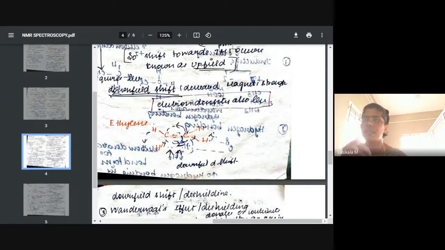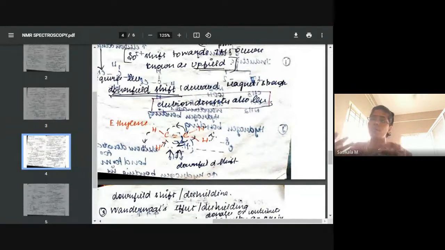When the shielding effect is present, the signal will appear towards TMS, which is called the upfield shift. If the protons are de-shielded, the shift will be downfield, away from TMS, at less strength. At 0 parts per million, it has the highest external magnetic field, since the electron density is high.